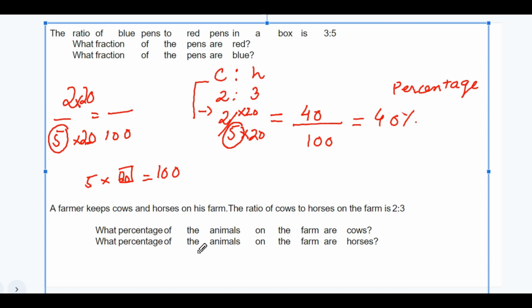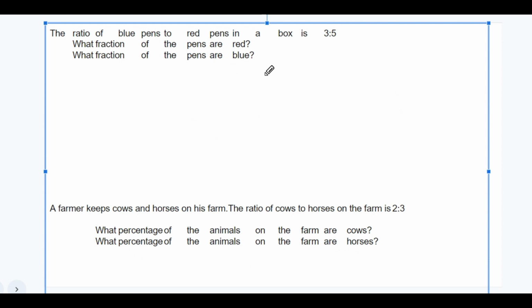Okay, now the next thing is we need to find the percentage of horses. The same thing we have to repeat. We know that the ratio of the horses is 3 to 5. Okay, this is the fraction. That means 3 horses out of 5. Again, you need 100 in your denominator.